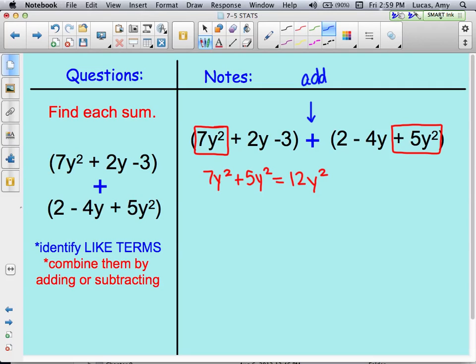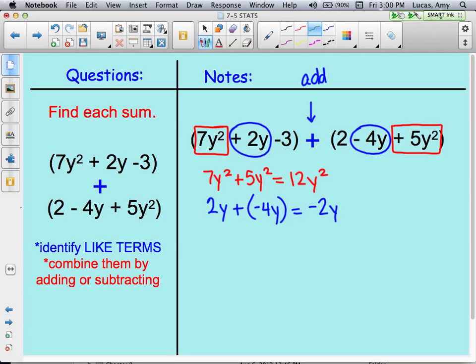Now I'm going to switch colors and go with blue for my positive 2y, and I'm adding to that a negative 4y. So 2y plus negative 4y, if I add together those coefficients, 2 plus negative 4 is negative 2, so I get negative 2y.